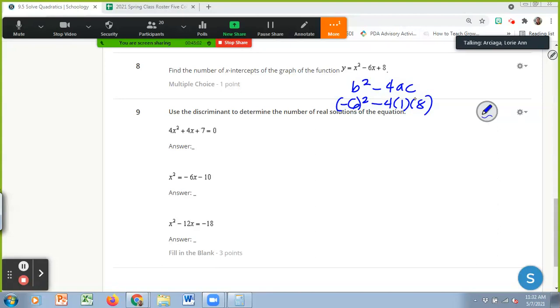We're looking at all the strategies again one last time because we're closing the chapter. So this is 36. 4 times 8 is 32. So this is positive 1. If this is positive, then it means it has two real roots. Is there a choice for number 8? It says two real roots.